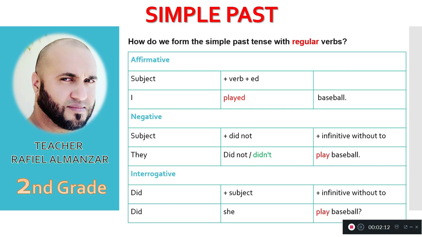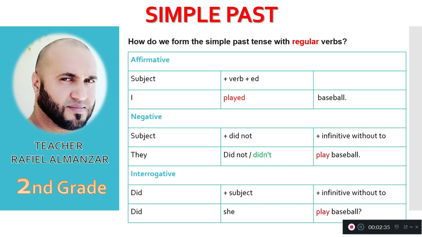They did not play baseball or they didn't play baseball. As you can see, we don't have to add ed at the end of the verb because the auxiliary verb do is already in past, did.